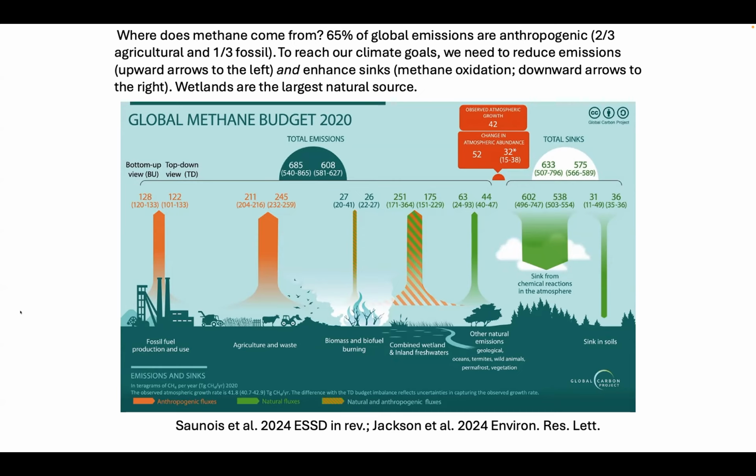But this is the first budget where we've tried to break down freshwater and wetlands into natural and anthropogenic. We haven't done that in the past. We treated all of these emissions as natural. The most obvious exception to that is dams and reservoirs. If a dam is built and a new reservoir is there, that's not so different from a landfill. It's something that simply wasn't present before, and it has methane emissions.